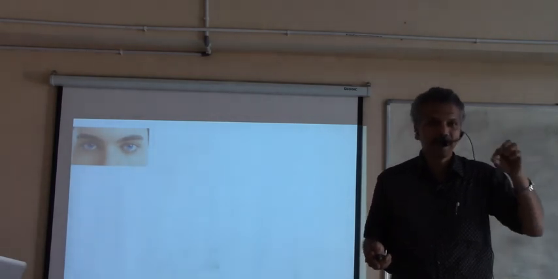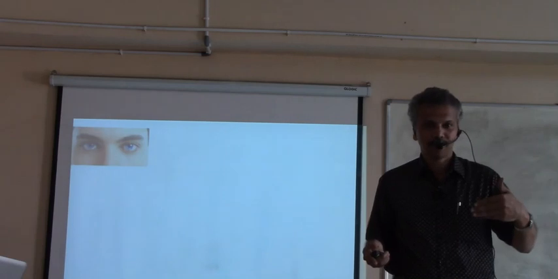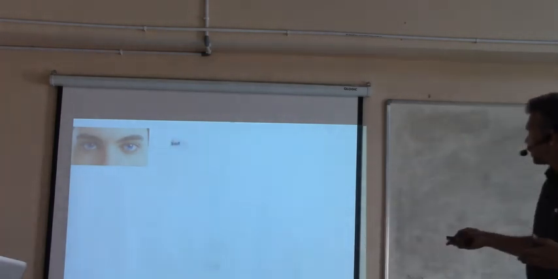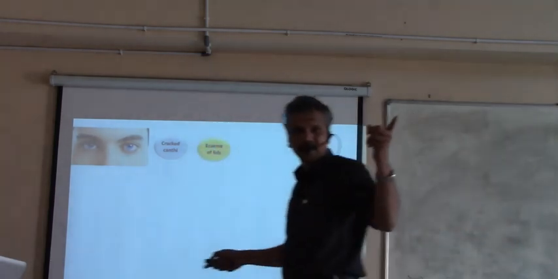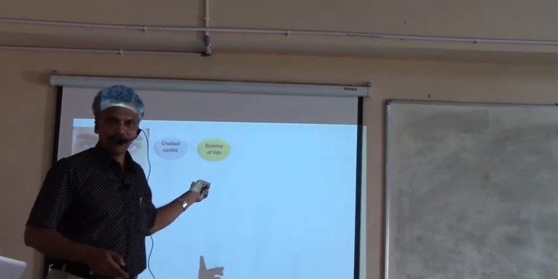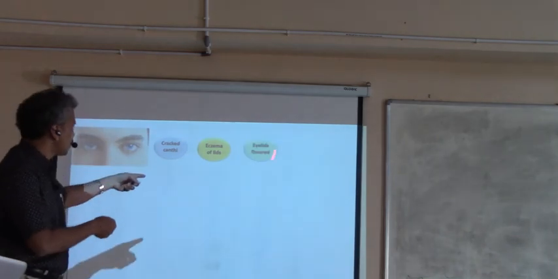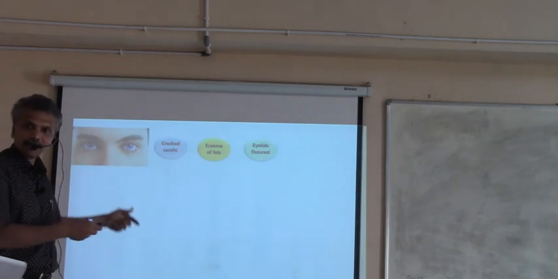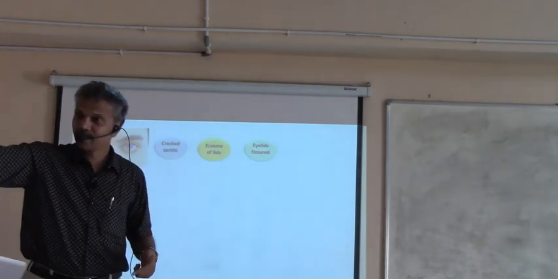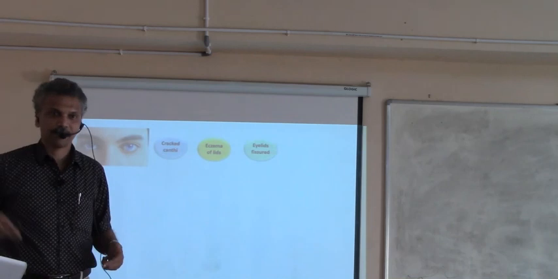It is all possible. So we quickly see what we have. Cracked canthi, which we just discussed, and eczema of the lids, as one of your friends rightly said. You can also have not only the canthi getting cracked, the eyelids themselves can go into fissure.